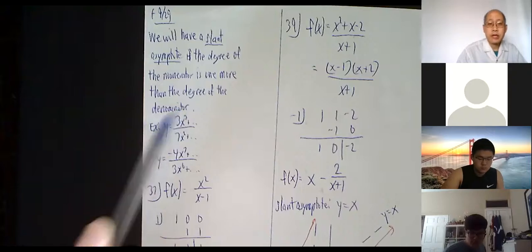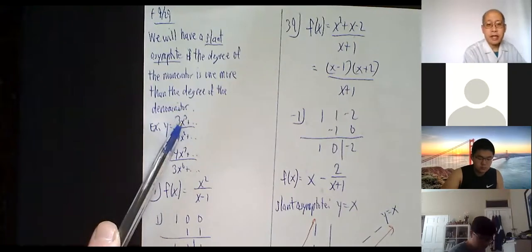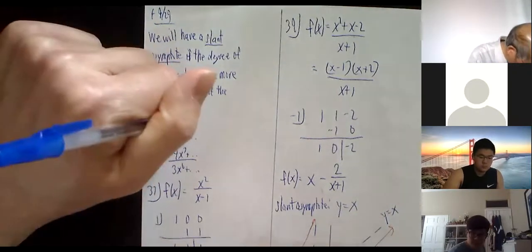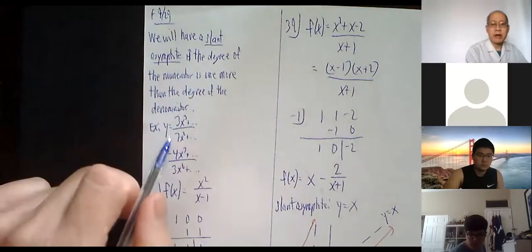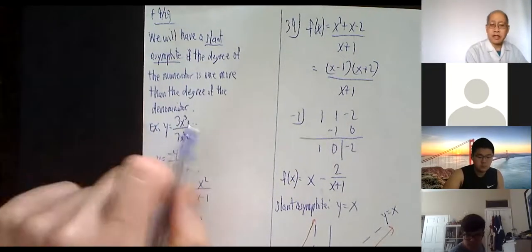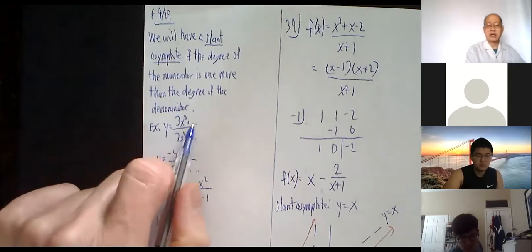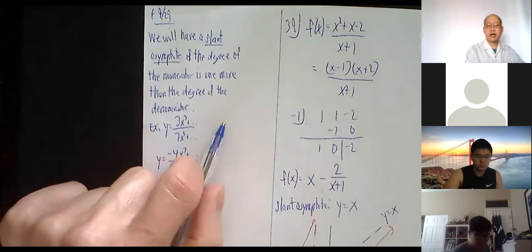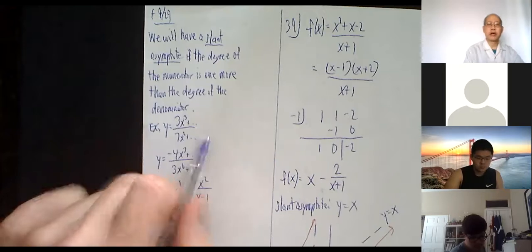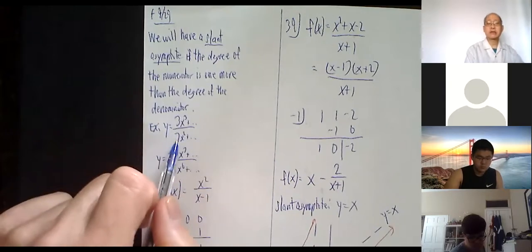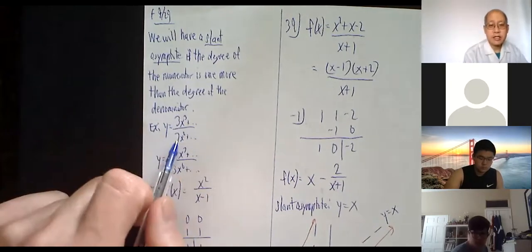So this is a cubed, that's a 3 there if you can't read it, sorry. 3x cubed plus blah, blah, blah, divided by 7x squared plus blah, blah, blah. The blah, blah, blah can be anything. Something with x squared, something with x, and a constant. This is 7x squared, maybe that's minus 5x plus 2 or whatever. This will have a slant asymptote because this is 3rd degree, this is 2nd degree.